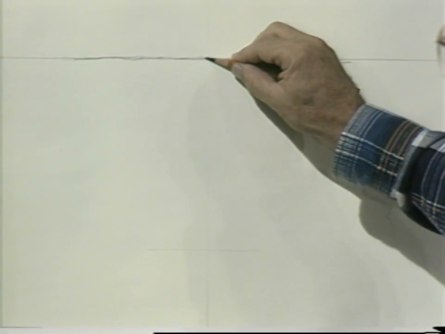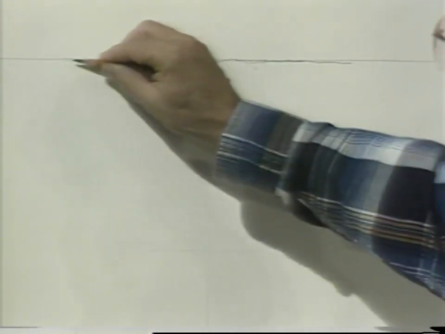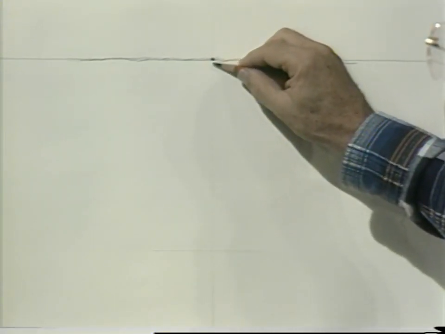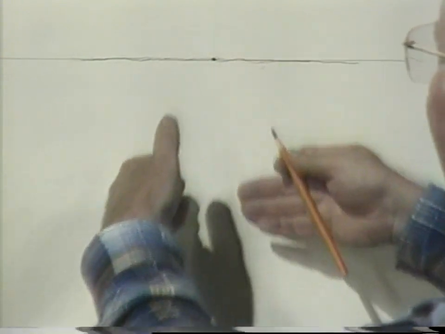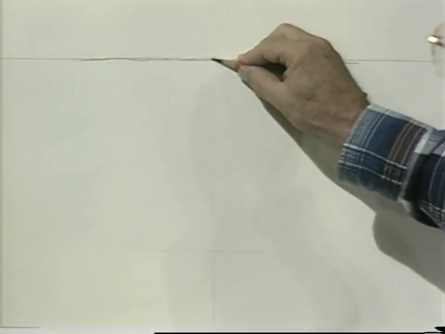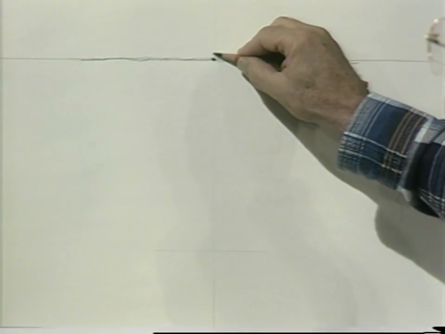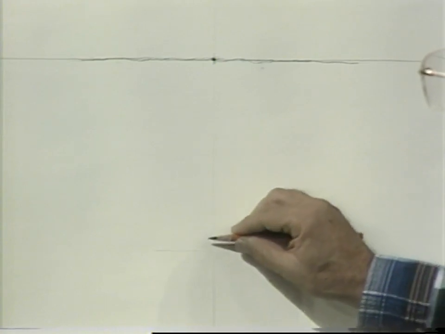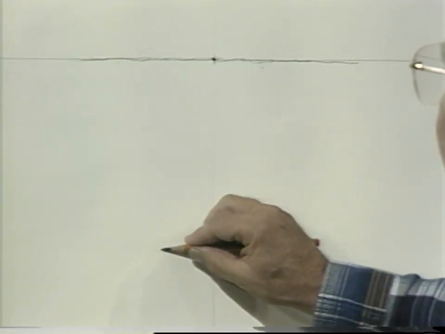So I'll determine my focal point. In other words, here's the level of my eye, here's where I stop my eye, and I want my object to be drawn below this point, because my eye level is here, and my focal point and center line of vision is right here.